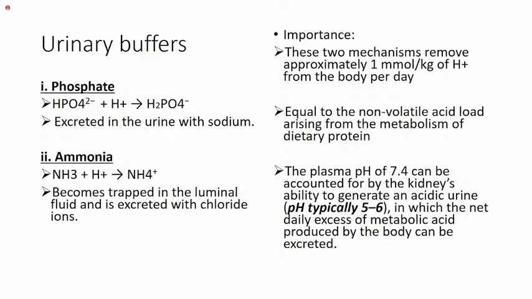So usually your urine pH, it's important to remember with all this secretion of hydrogen ions, is typically in the acidic range, okay? So urine pH is typically between 5 and 6, okay? And that helps to maintain the plasma pH of 7.4 despite all the acid you are producing in a day.